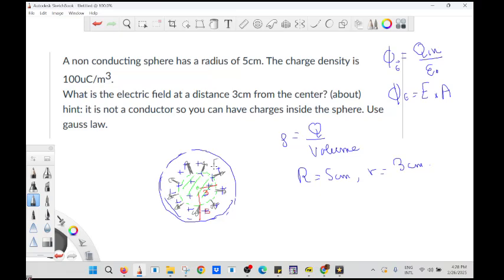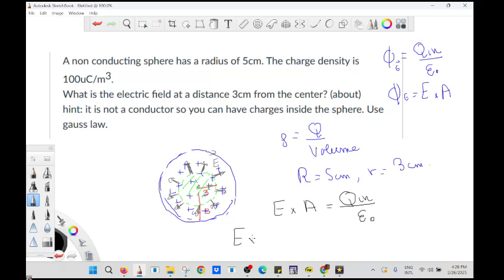The goal is to find the electric field at that distance, and it's the same all over that surface. So I'm going to use that equation: E times the area, which is a sphere, equals the charge inside over epsilon 0.